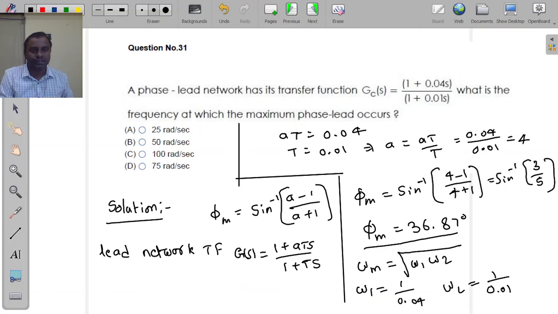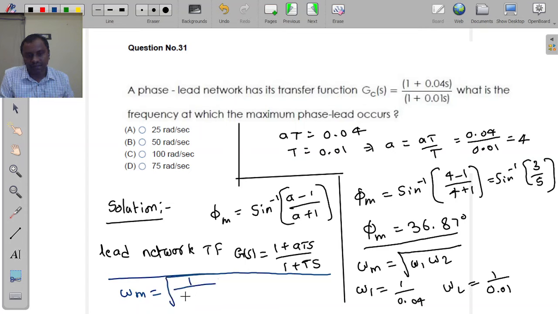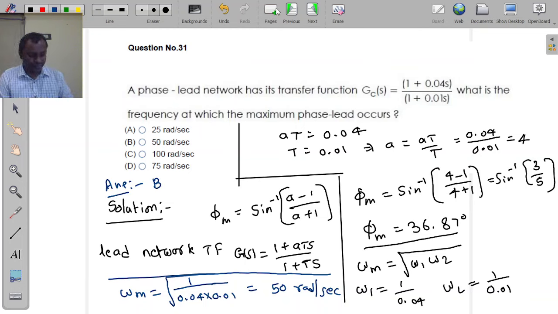So substituting these values, the maximum phase lead occurs at a frequency omega m equal to the square root of 1 divided by 0.04 into 0.01, which is 50 radians per second. So the answer for this is option B. Moving on to the next question.